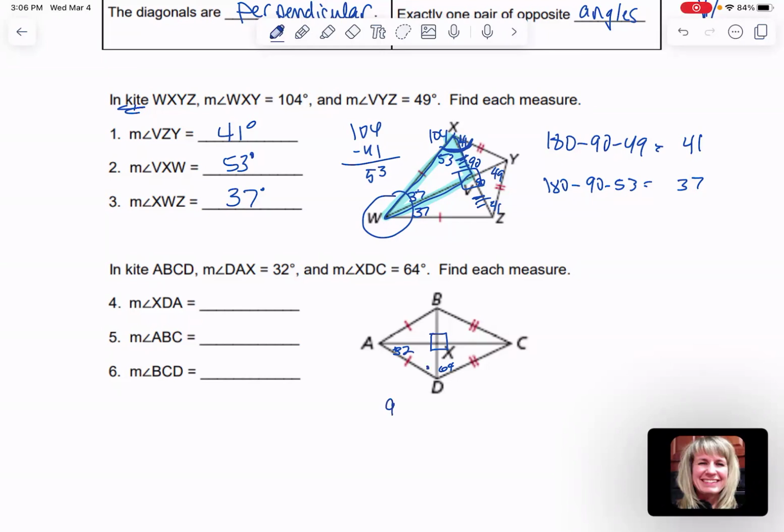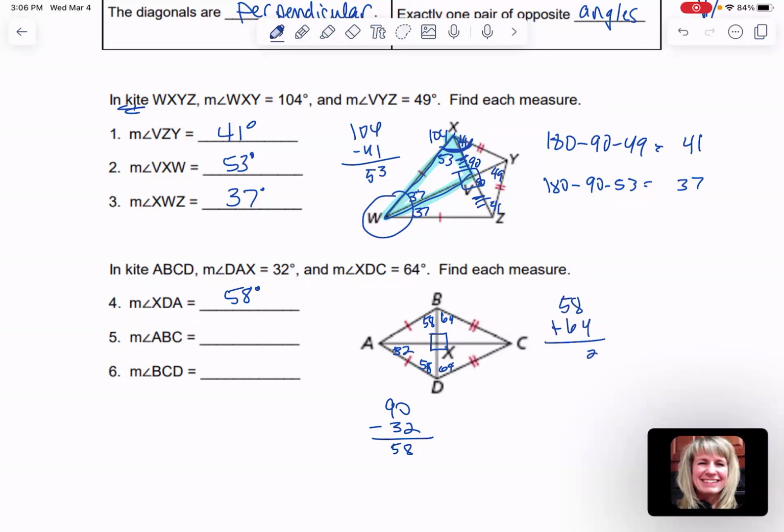I can do 90 minus 32, and I get that this angle is 58. So 58 degrees there. I was told that if this one's 64, this one there is 64, and this will be 58 as well. Angle ABC then will be that 58 plus 64.